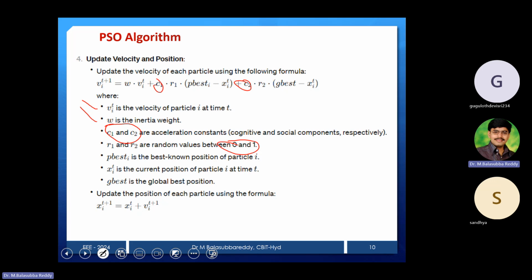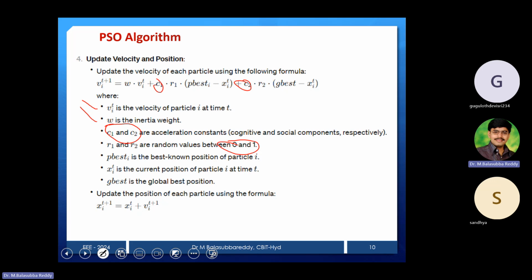That means what we are doing is, with respect to the individual best and with respect to the global best, we are going to modify, as per the information received from the other agents. We have to find the distance: where I am, where they are, who is the global best.